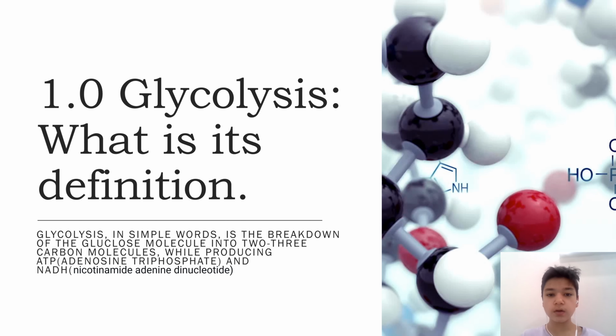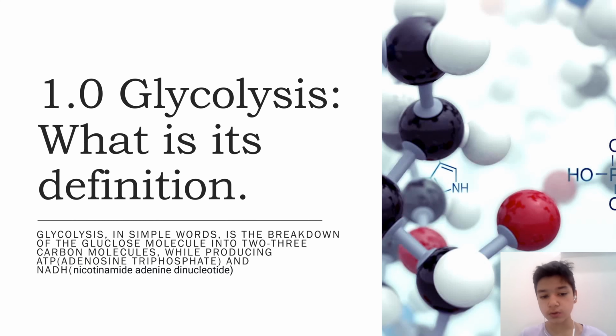So, glycolysis, what is its definition? Glycolysis, in simple words, is the breakdown of the glucose molecule, which is a type of sugar. It's a molecule that is in sugar molecules.